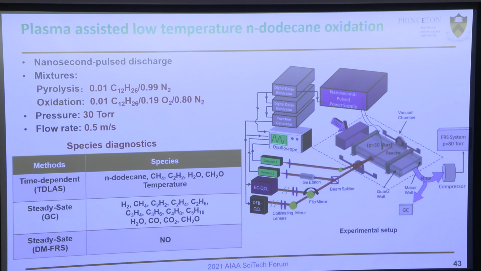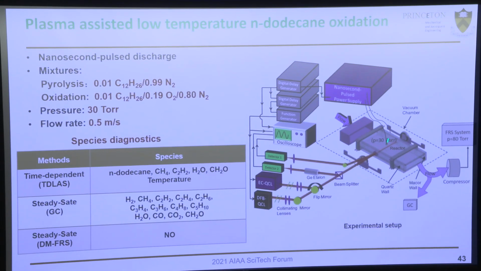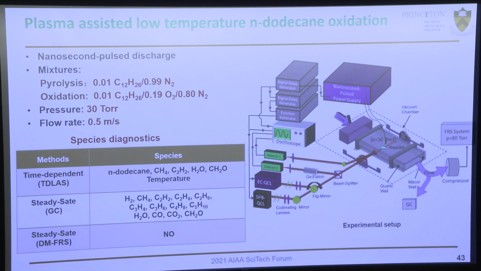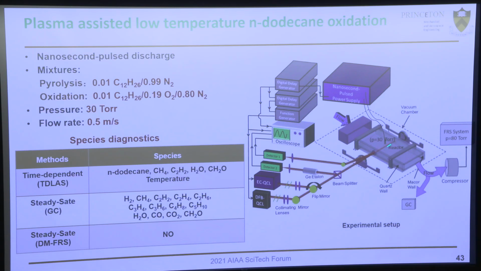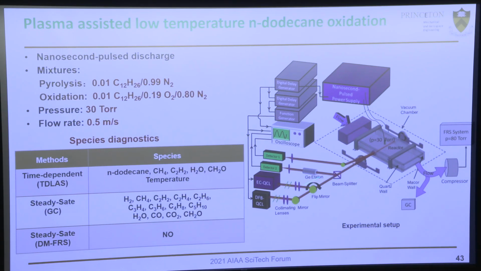In my lab, we developed a heated cell measurement. We have a DBD, and we have a lot of tunable lasers in the laboratory. We can do time-dependent measurement of multiple species diagnostics, and compare that to computational modeling, developing models for combustion.